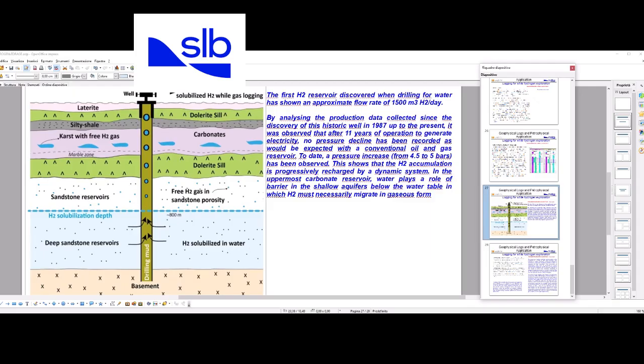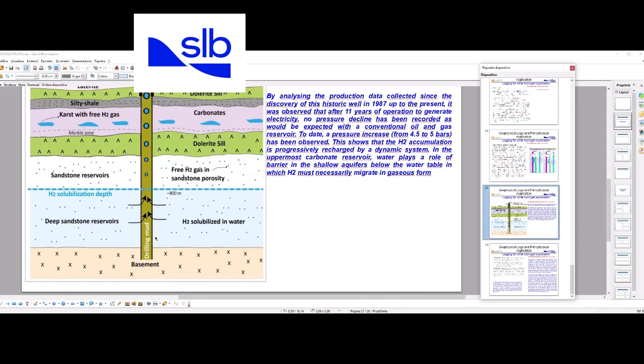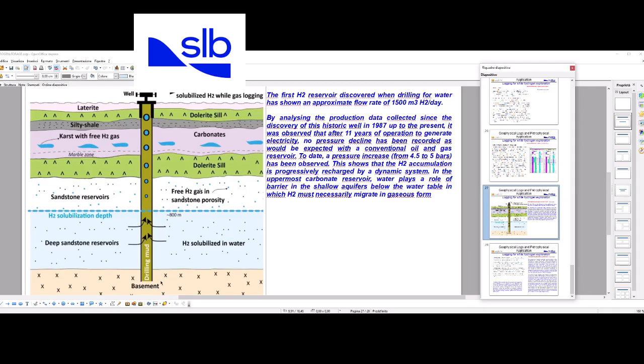Finally, we can distinguish three types of reservoir: karstified reservoir with vacuum sac bubble. Second reservoir is free gas in porosity sandstone, and the third reservoir is deep sandstone reservoir with hydrogen solubilized in water. Around the depth of 1,100 we have the basement.